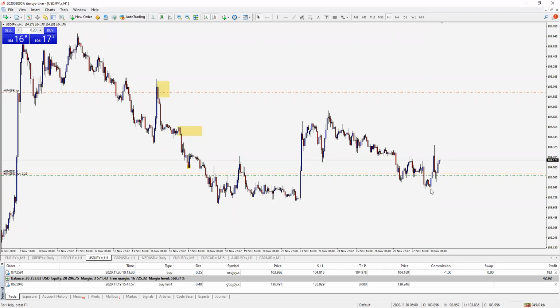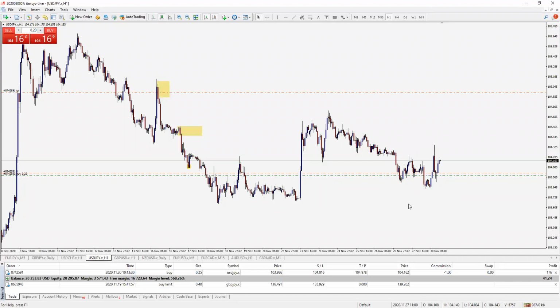And then the price rose up, but also, as you can see, created a Quasimodo pattern here. The price created a low, a high, a lower low, which is a lower high from the previous one. As you can see, the price came this way after a downtrend, and then the price suddenly created a higher high, as you can see here.